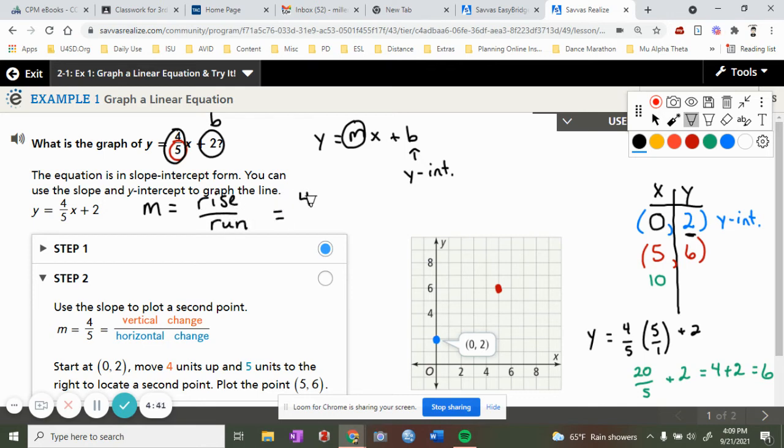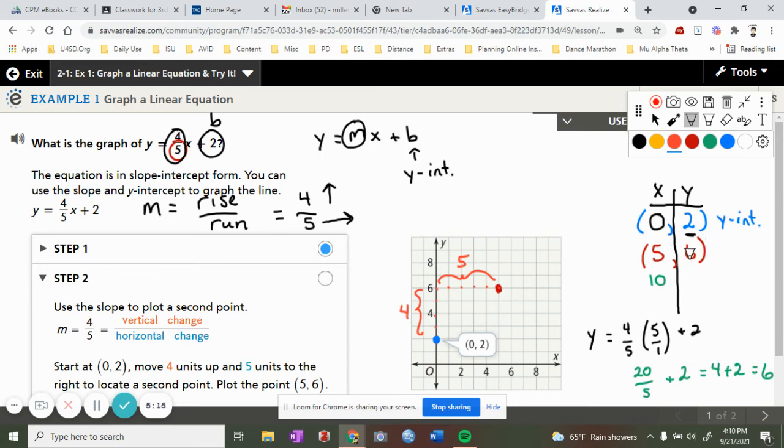So if my slope is 4/5, my vertical change is +4 or up 4, and my horizontal change is +5 or right 5. So from this point, 0, 2, I'm going to go up 4, 1, 2, 3, 4, and then right 5, 1, 2, 3, 4, 5. So up 4 over 5 gets me this second point.